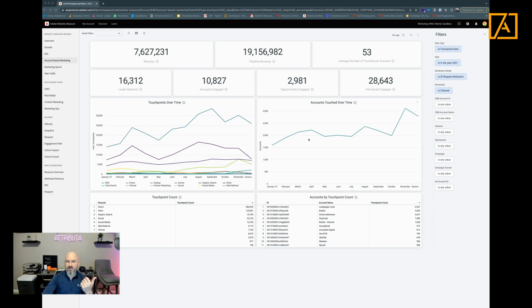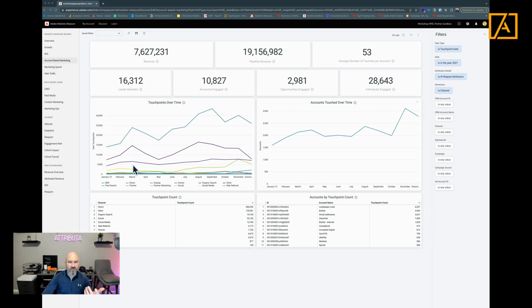Accounts touched over time is showing kind of the same thing, but it's aggregating up to just the total number of accounts that we engaged during the individual months in this time frame. Touch point count is now aggregating all of the touch points for each individual channel throughout this time frame.